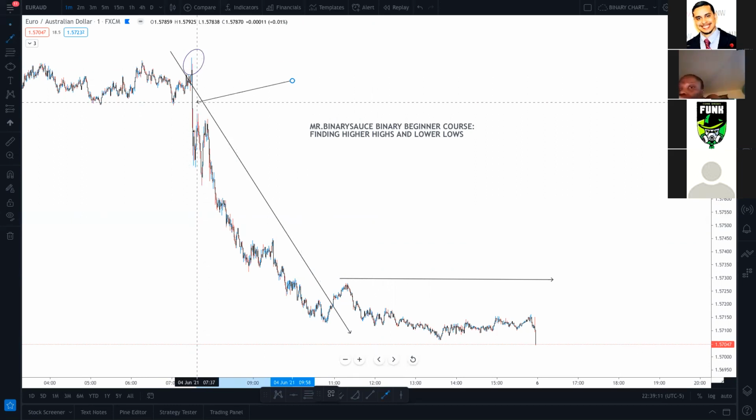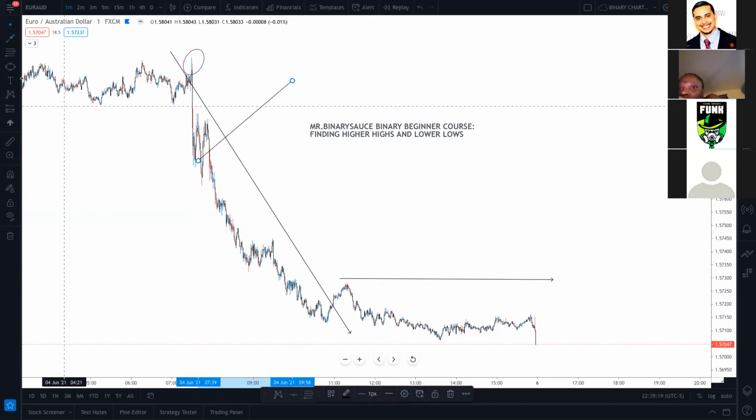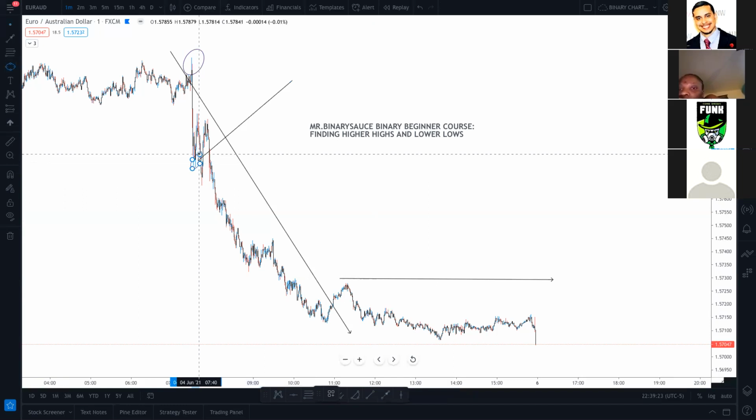As price drops and retested, it created this zone here. It created this price. And so let's mark that. This is called a lower high. Then price came up. I'm sorry, that's called a higher low.